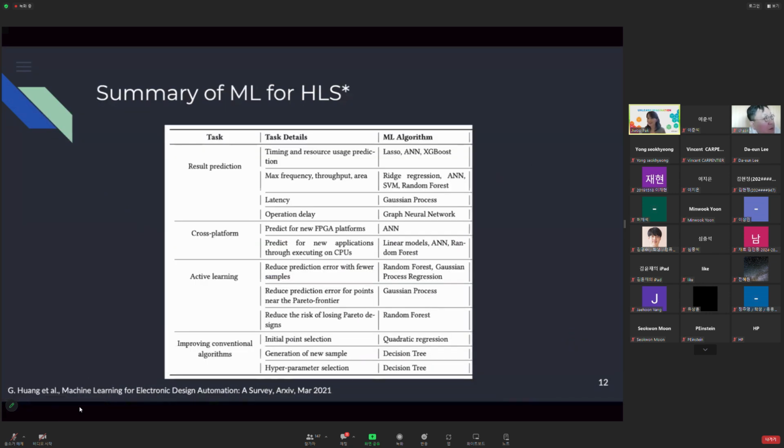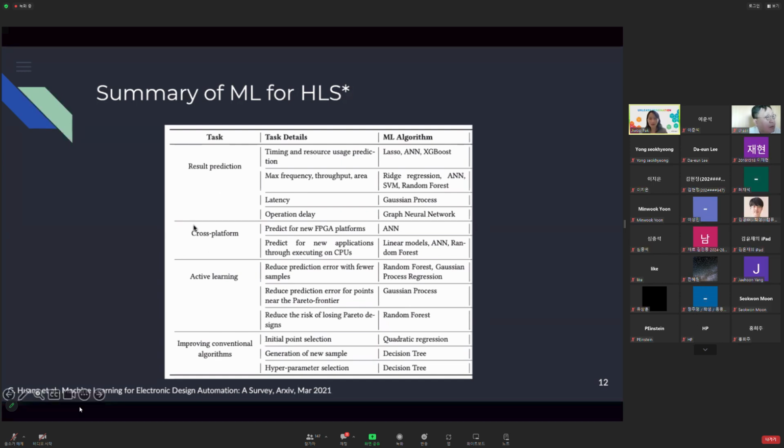Since the EDA itself is one field, right? It's impossible to go over the detail in this short seminar, but I would like to give some flavor or some high-level outline for you in case you can have more interest in this area. So for the high-level synthesis, the main tasks that we were interested in were result prediction or active learning and improving the existing algorithm.